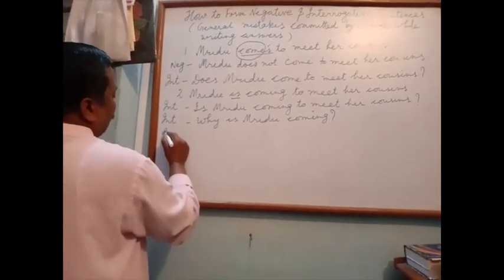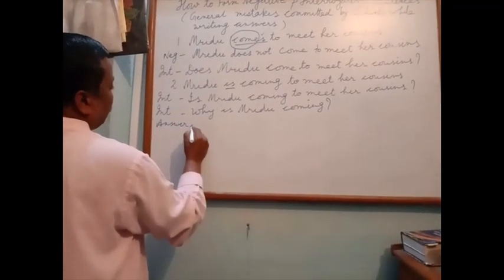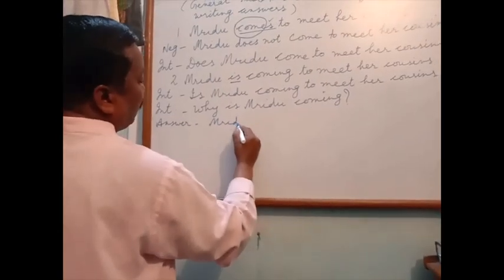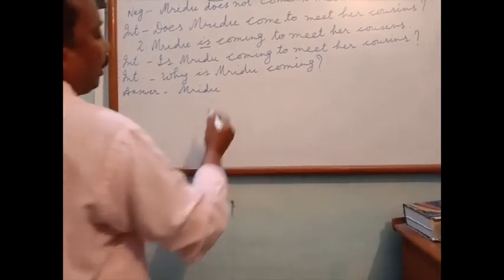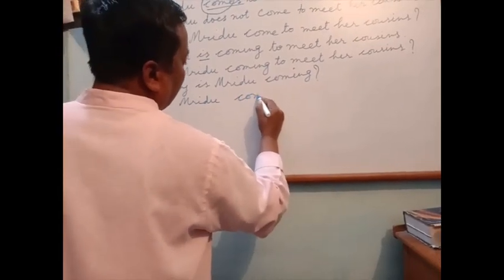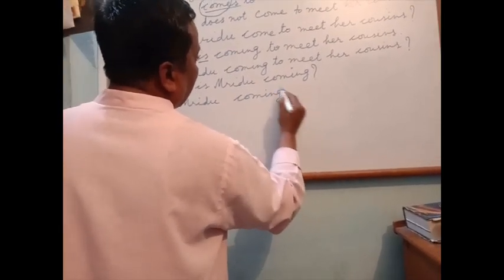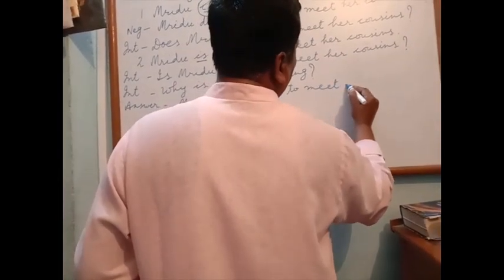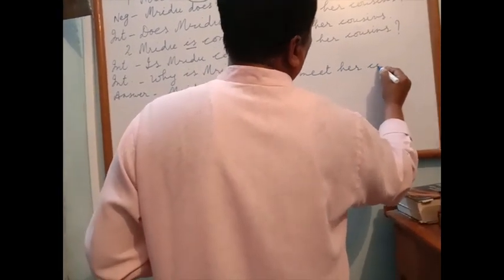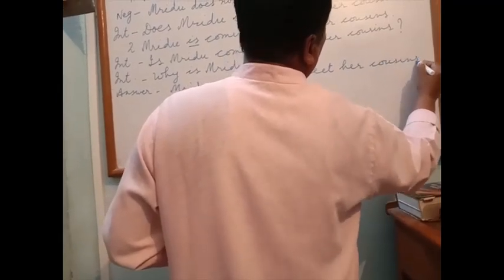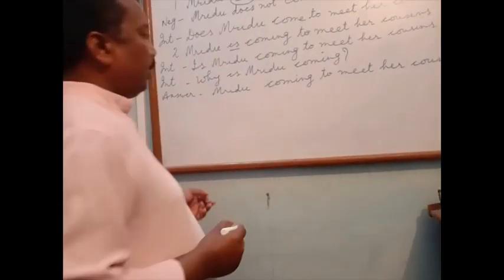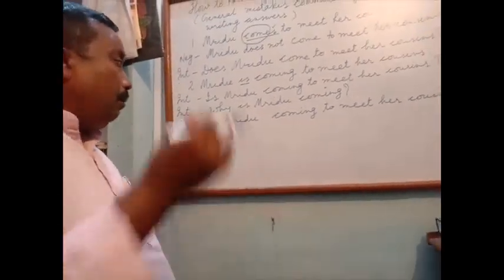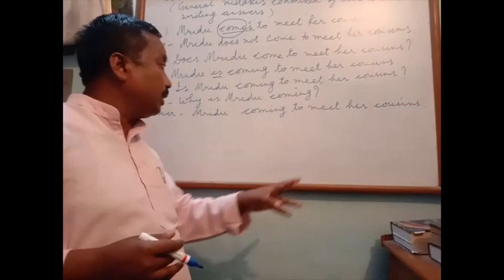They start to write the answer: Mridu coming to meet her cousins. A student knows very well why Mridu is coming to meet her cousins.